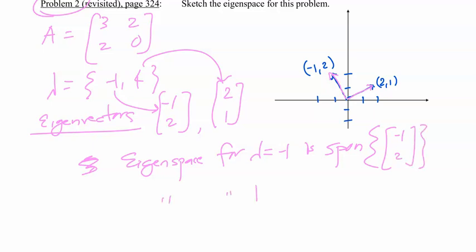The eigenspace for lambda equal to 4 is the span of 2, 1. All right, so that's what the eigenspace is like. Now it's just a multiple of this one. It could be anywhere, right? If you multiply by some number here, you're going to get the same line. It's going to stay in the same line. That's what it means, right? So I'll stop here.